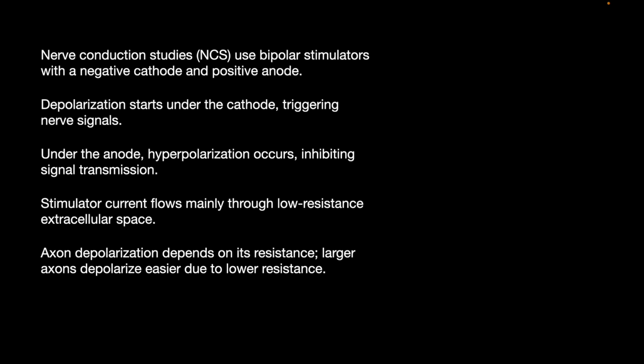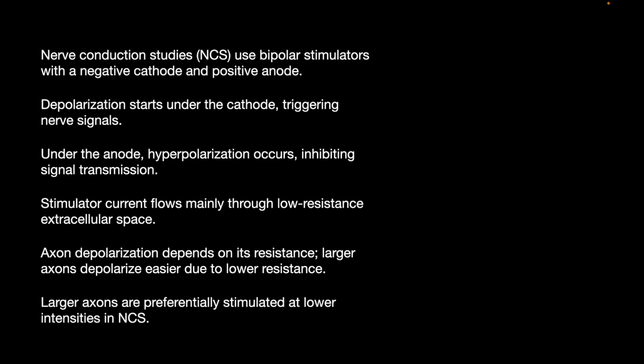So when you are giving a less stimulus, that will depolarize a larger axon more easily than the smaller axon. So we give less stimulus so that we can capture the larger nerves, the ones which we want to test, say for example the median nerve and not the accessory smaller nerves going downside.